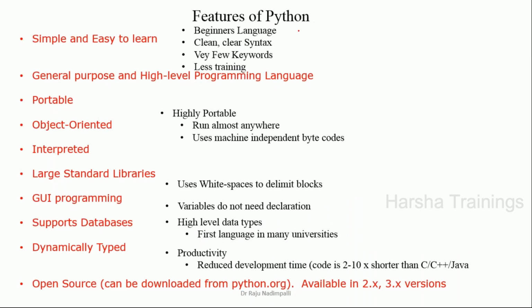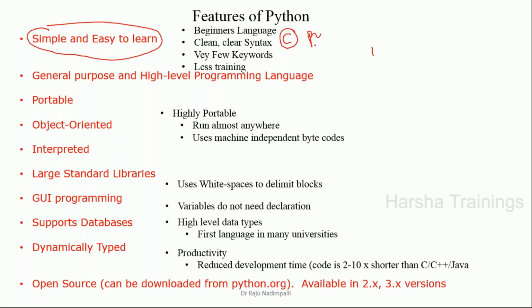Before going to learn any programming language, first of all, we should know about the features of the language. If you permit me, I'll take a little time to discuss the basic features of the language. First and foremost, Python is very simple and easy to learn. Nowadays, even in schools and universities, earlier they used to have C language. Earlier we taught C language.